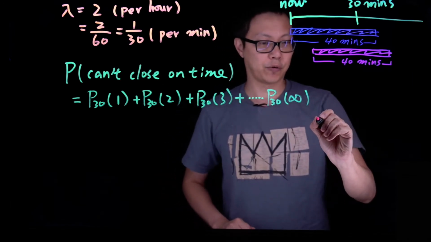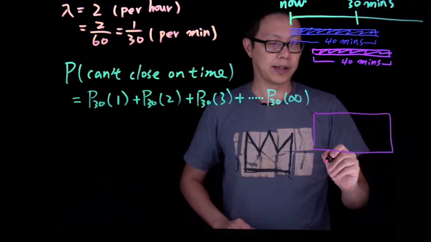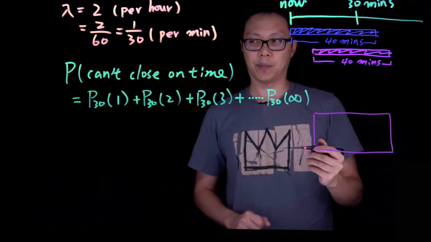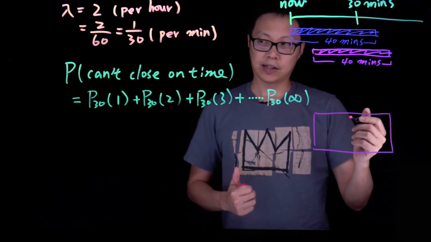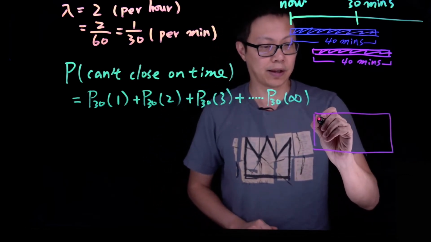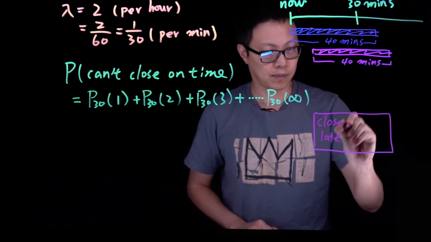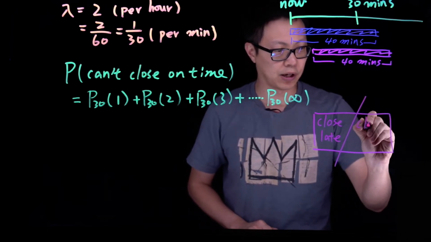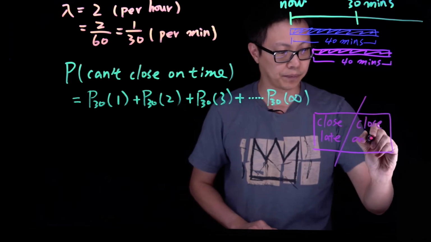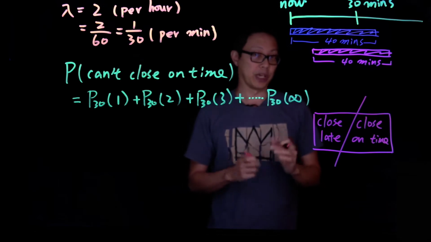If you still remember what you learned in probabilities, you probably will notice that suppose we have a sample space. In this case, we have only 2 partitions. One is that you close late. The other one is you close on time. And the sum of these 2 will be equal to 1.